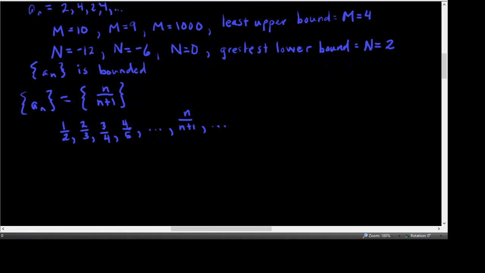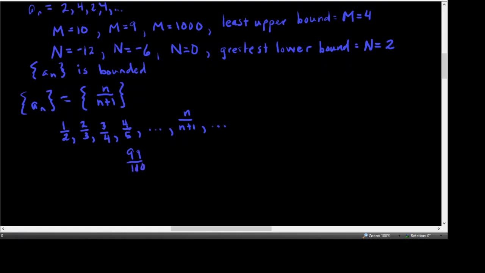So, is there an upper bound for this? Well, if you look at the sequence of values that we're producing, eventually we're going to get to, I'm just going to write some big ones, 99 over 100.